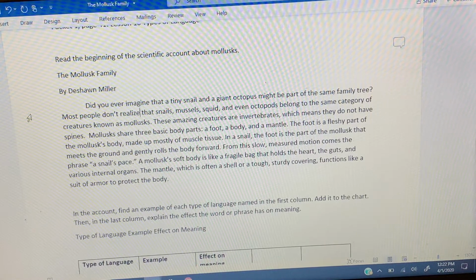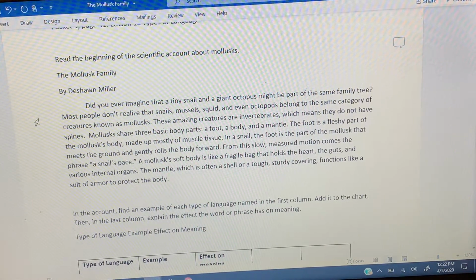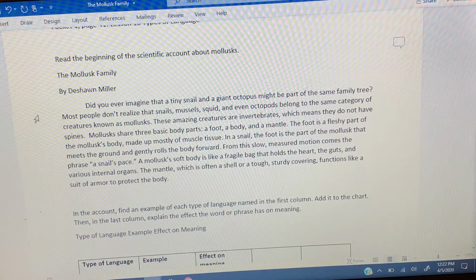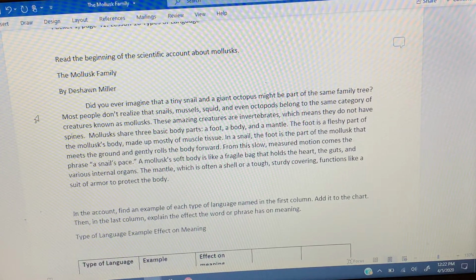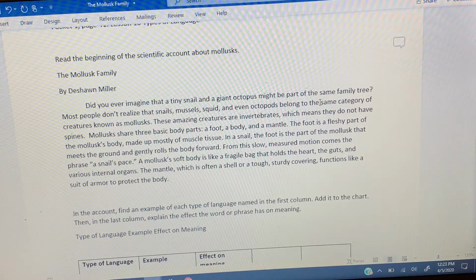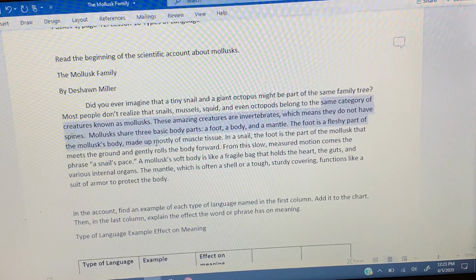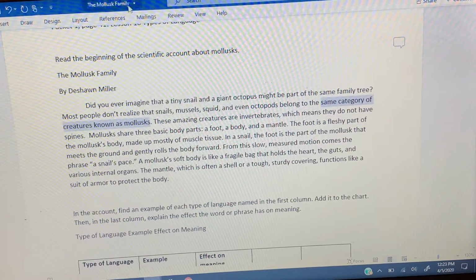What's a mollusk family? Did you ever imagine that a tiny snail and a giant octopus might be part of the same family tree? Most people don't realize that snails, mussels, squid, and even octopus belong to the same category of creatures known as mollusks. Okay, so a mollusk is a category of creature. So it's a kind of animal.